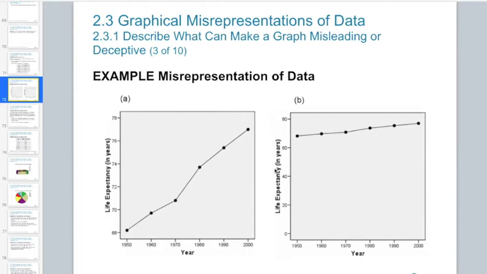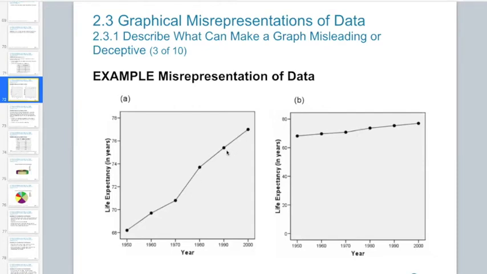But if you don't pay attention to that y-axis, then you might not notice what that sharp increase is represented as if we start at 0 on that y-axis and then increase to 80. So this graph looks a lot different than that first one.